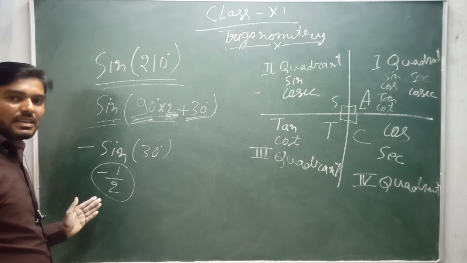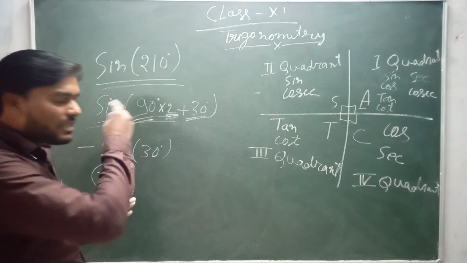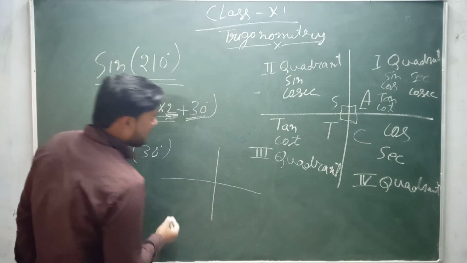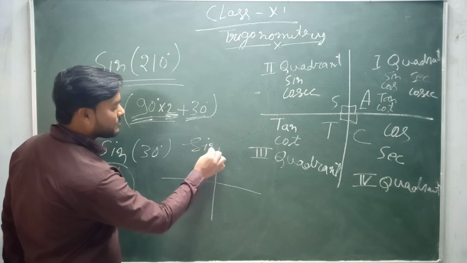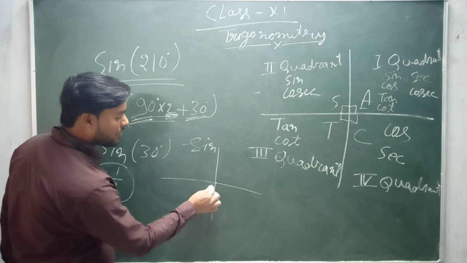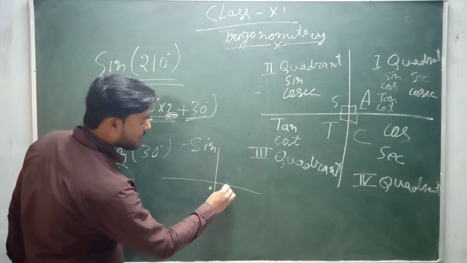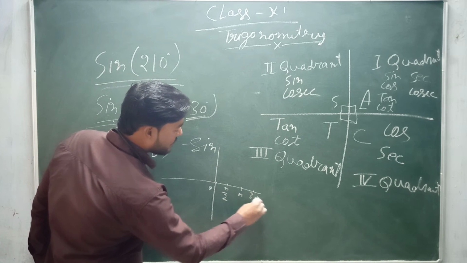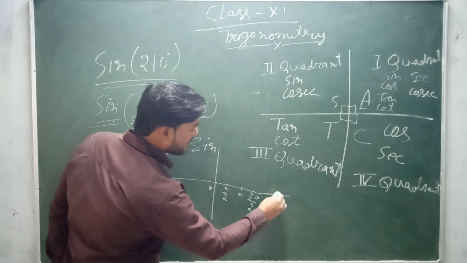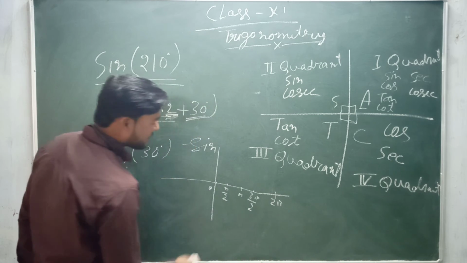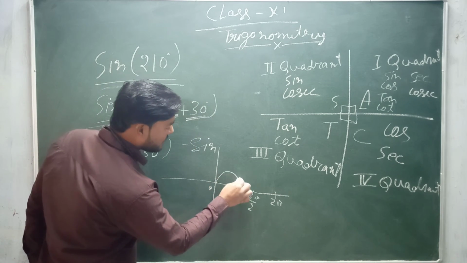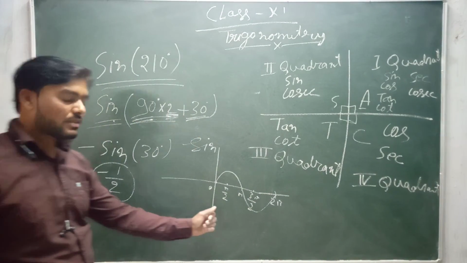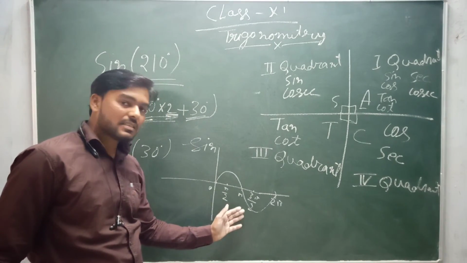Now for checking, we will see with the graph. This was the graph of sine. This is 0. This is pi by 2. This is pi. This is 3 pi by 2. This is 2 pi. The sine graph was like this.